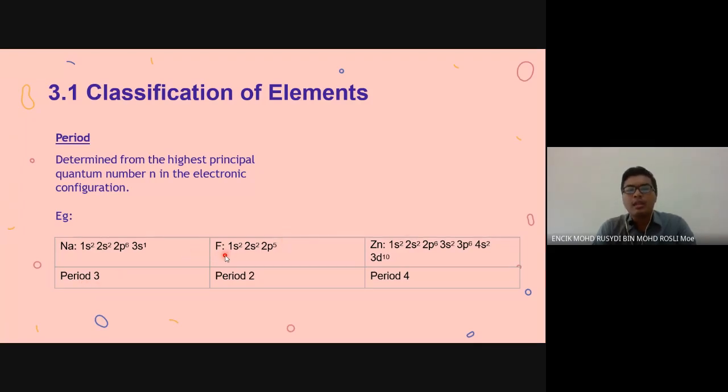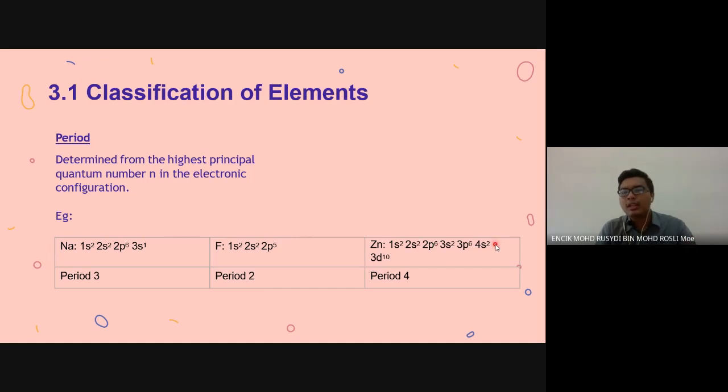Okay. And then kita ada fluorine. For fluorine, nombor yang paling tinggi kat sini adalah 2, so that's why it is in period 2. Okay, last but not least, kita ada zinc. Zinc kat sini, susunan electronic configuration dia 1s2, 2s2, 2p6, 3s2, 3p6, 4s2, 3d10.